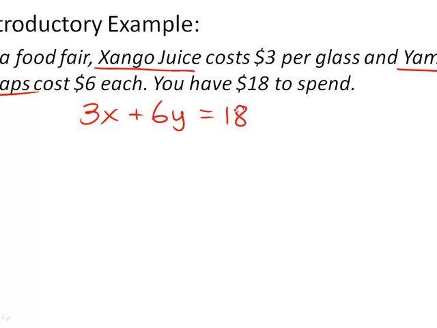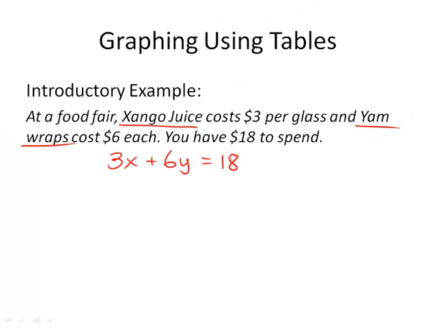So what are some possibilities given the $18 you have to spend? Well, for example, you could say, what if I bought 2 Zango juice? Well, that would mean x equals 2, which would then mean you could replace it in the equation.